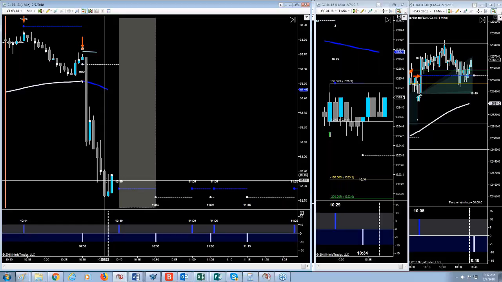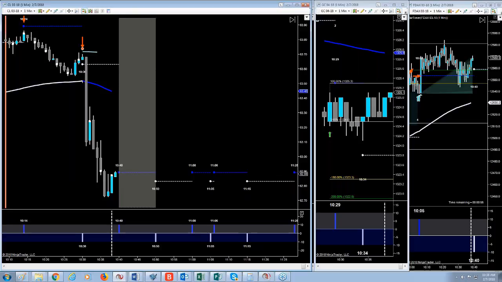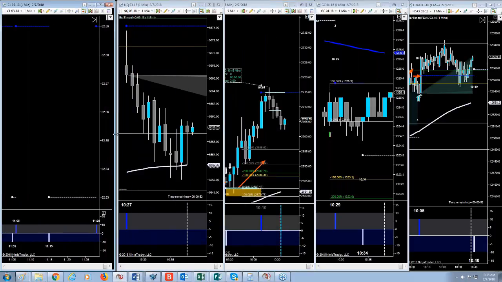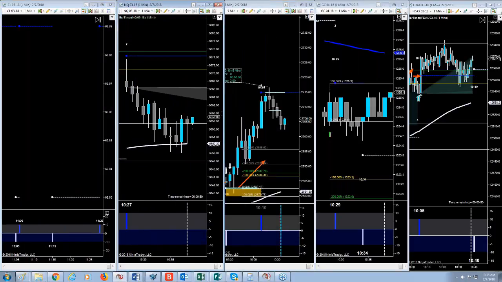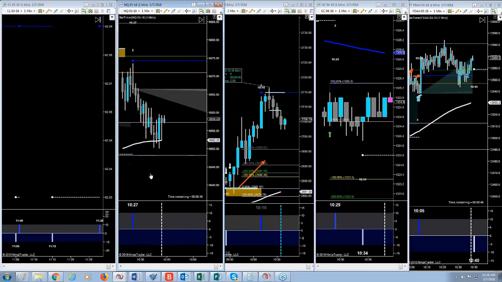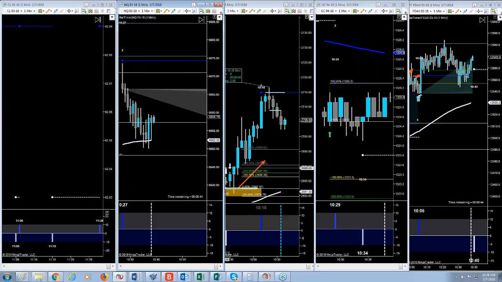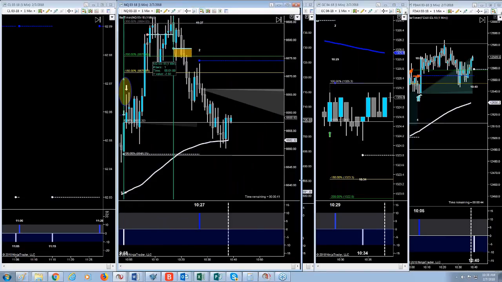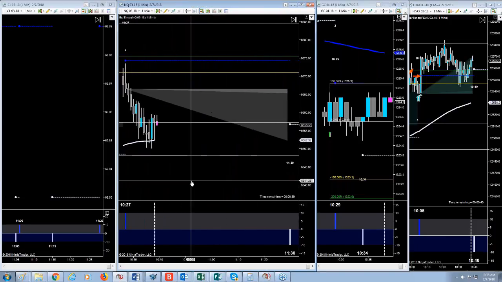We'll try it both ways. How about that? We'll come at it from a counter trend perspective. We'll come at it from a trend perspective. NQ was projected to be down from 1027 until, holy cow, 11:30, there's no signal until 11:30.